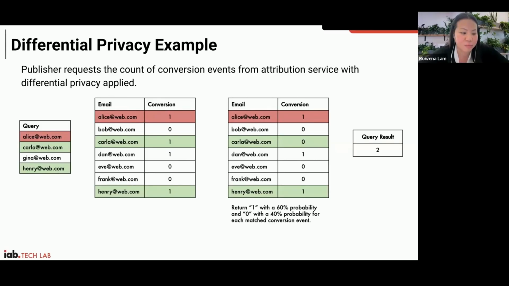In this particular example, they're returning a 1, meaning this person converted, with a 60% probability, and a 0 with a 40% probability for each matched conversion. So for Carla, even though she actually did contribute a conversion event, in the results shared back to the publisher, her matching conversion event was treated as a 0. And so therefore, the result given back to the publisher was 2.